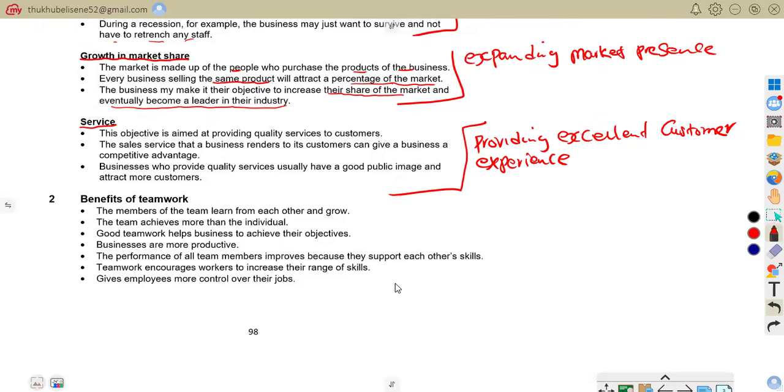Providing excellent customer experience. So, like it says, this objective is aimed at providing quality services to customers.